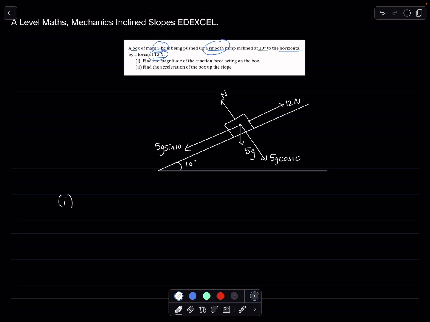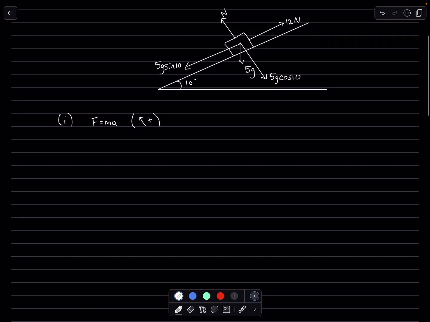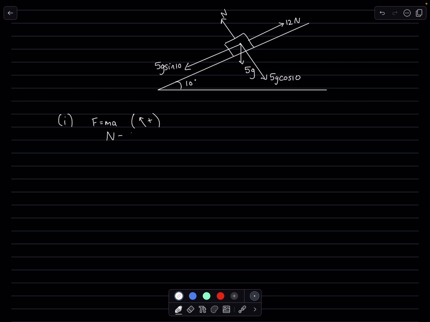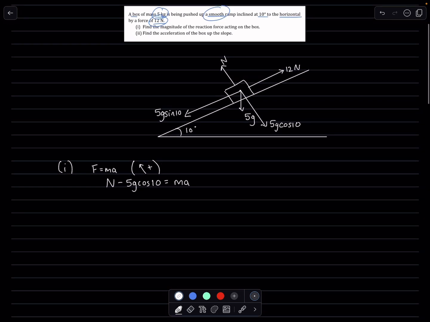We're going to be using Newton's second law, F equals ma. And let's pick a direction. So I'm going to take upwards and perpendicular to the slope as being positive. So that's going to be N minus 5g cosine 10 is equal to ma. One thing to note here is that there is no acceleration in this direction, right? The block isn't moving away from the slope, nor is it moving through the slope.